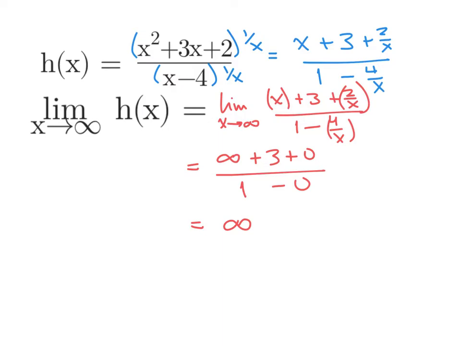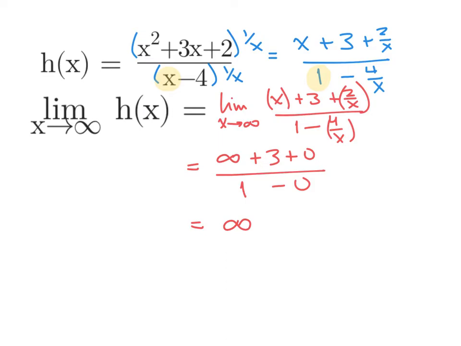I want to point out that whenever I'm using this method of multiplying numerator and denominator by this fraction, my whole purpose is trying to get the leading term of the denominator to be an integer. That way, all the other fractions are going to turn into 0, and I'll have an integer in the denominator.